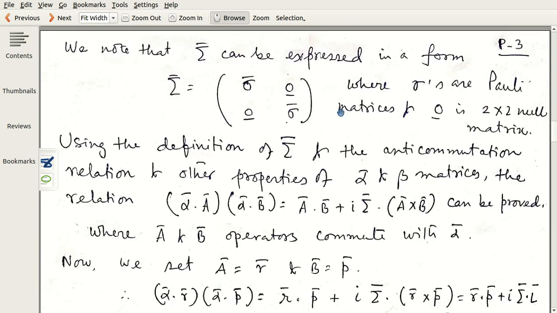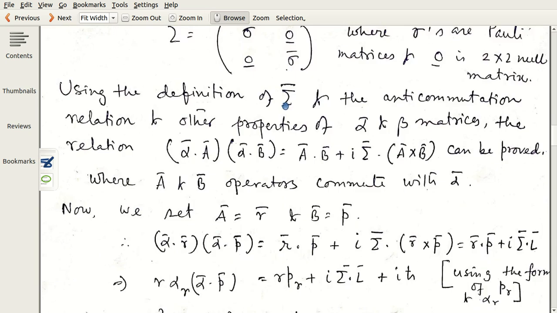And we further note that we will need it later, that the sigma is expressed in a form capital Sigma with small sigma, where small sigmas are Pauli matrices and zeros are the null matrices.